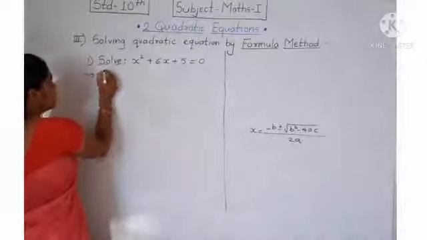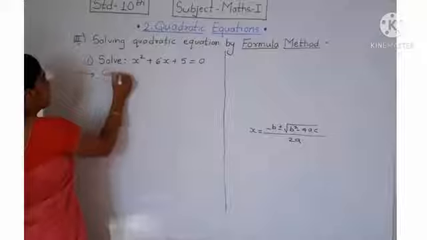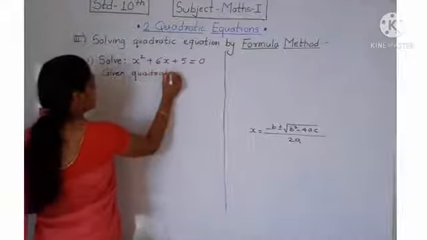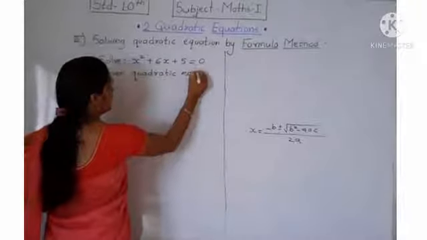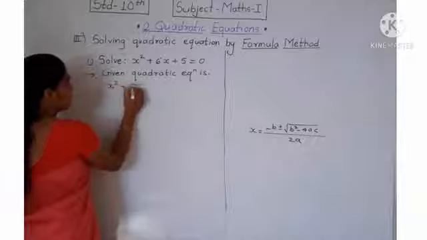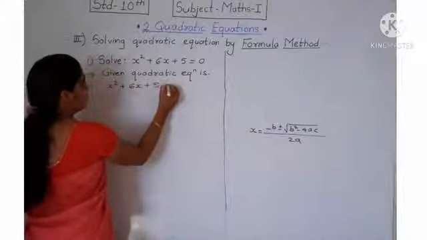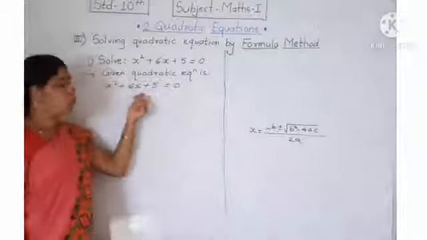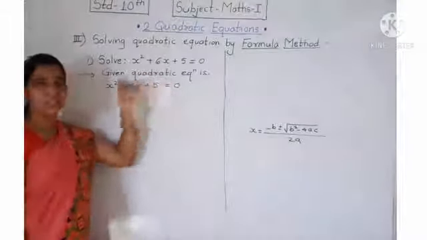What is the given quadratic equation here? The given quadratic equation is x square plus 6x plus 5 is equal to 0. This is in the standard form ax square plus bx plus c is equal to 0.